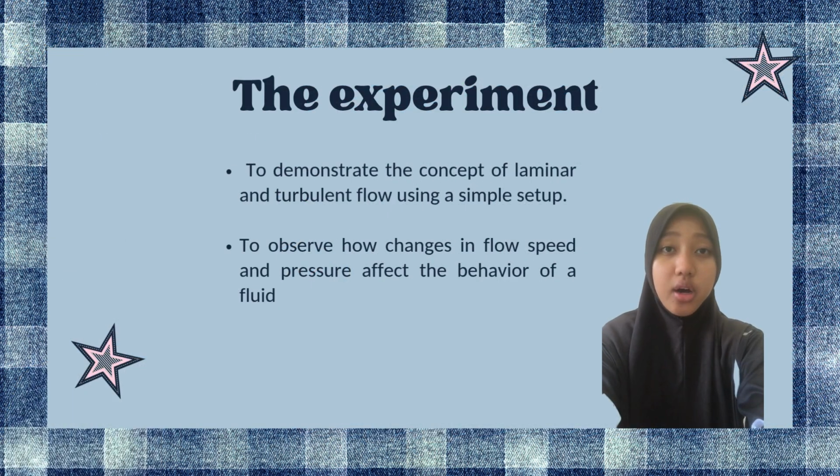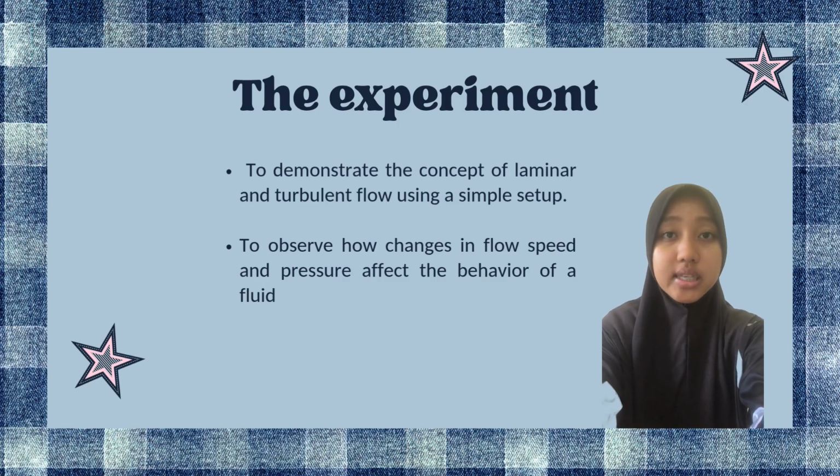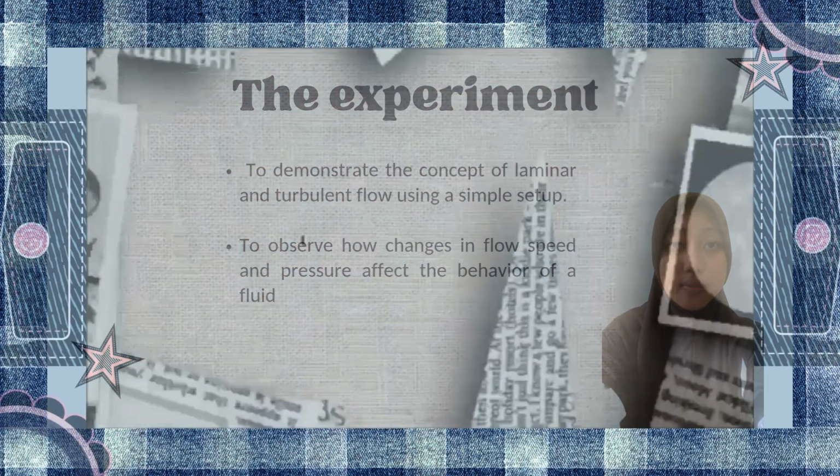The purpose of this experiment is to demonstrate the concept of laminar and turbulent flow using a simple setup. We wanted to observe how changes in flow speed and pressure affect the behavior of fluid, similar to what happens in pipes or fluid systems.